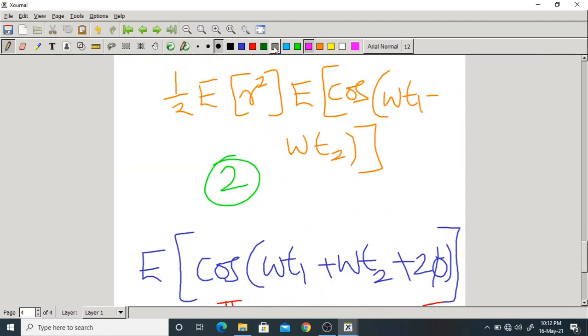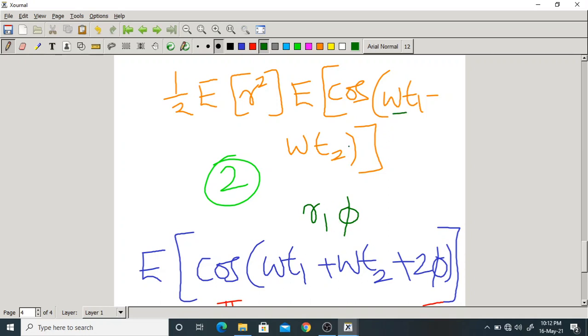Now coming to the second. In the second, cos of omega t1 minus omega t2 is a constant. Why? Because it is independent of r and pi. It neither contains r nor pi, because r and pi are the only two random variables. Omega is not a random variable.